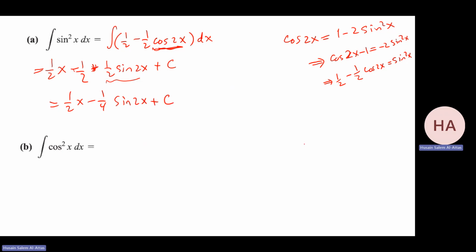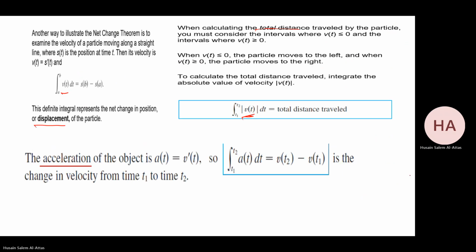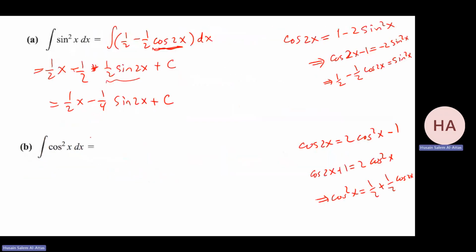I will use the same trick for cosine square. I know cosine 2x is 2 cosine square x minus 1. So cosine 2x plus 1 equals 2 cosine square x. So cosine square x is half plus half cosine 2x. So that I have half plus half cosine 2x.